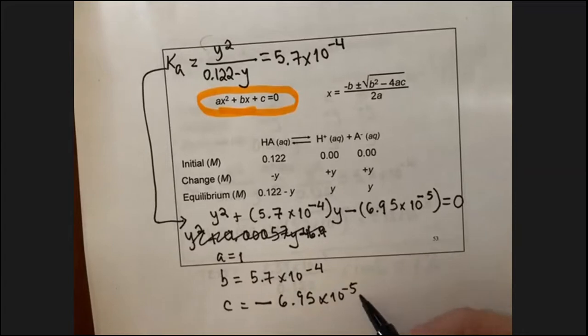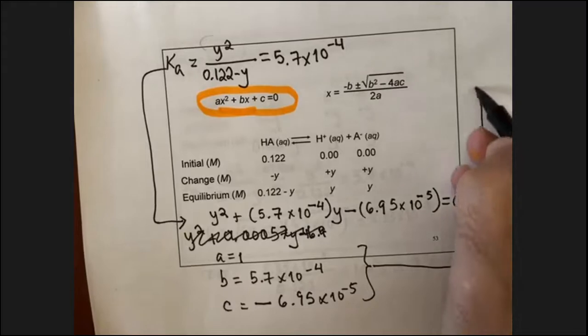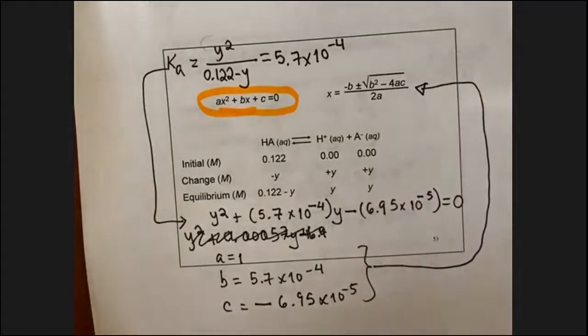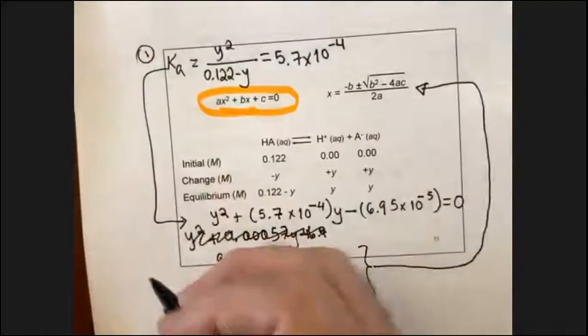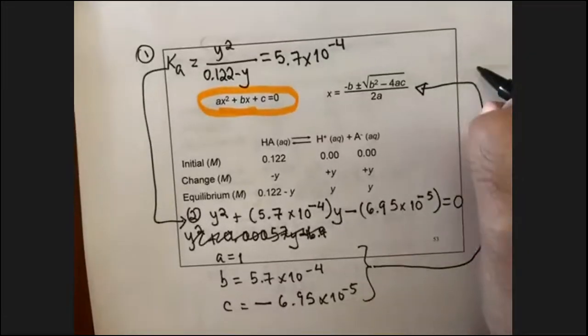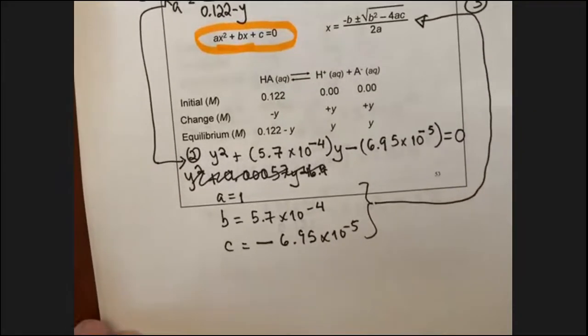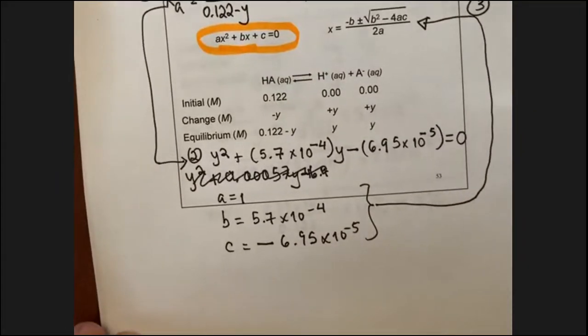You're going to take these values and plug them in here. We started out by writing this out, we solved for the equation, we now plug in the possible values, and we typically come up with 2 possible solutions.